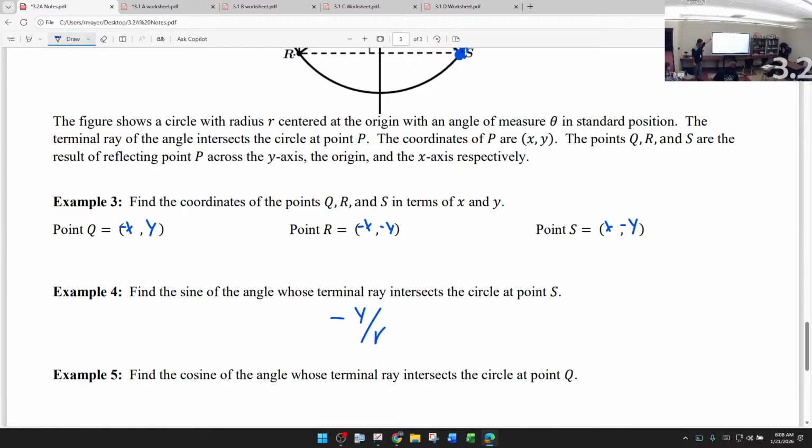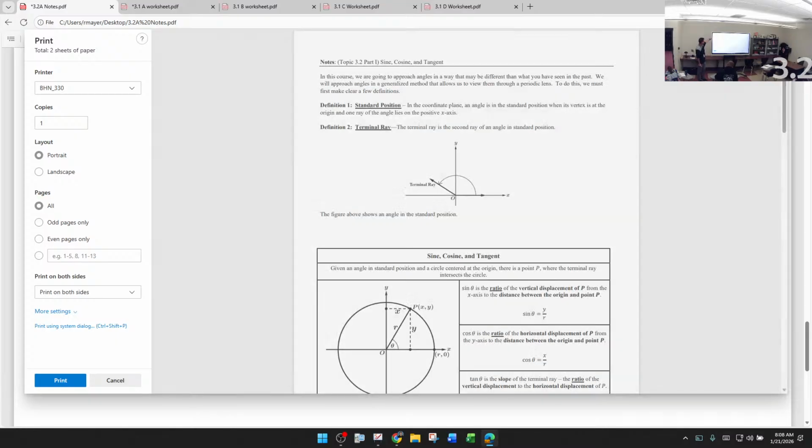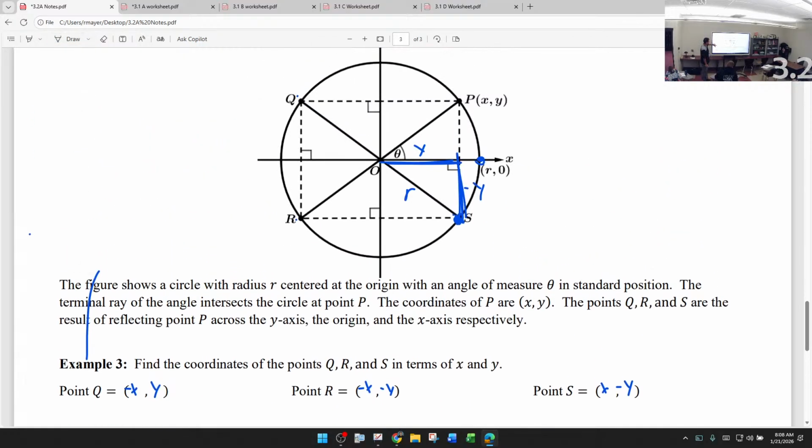Find the cosine at Q. Where's Q? Quadrant 2. If you're going left, it's negative.